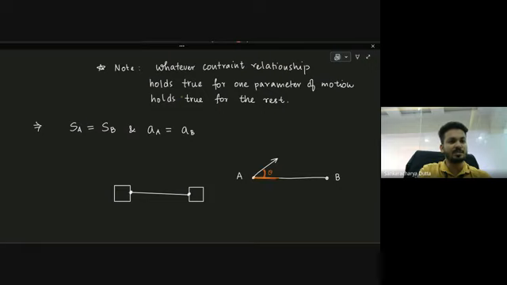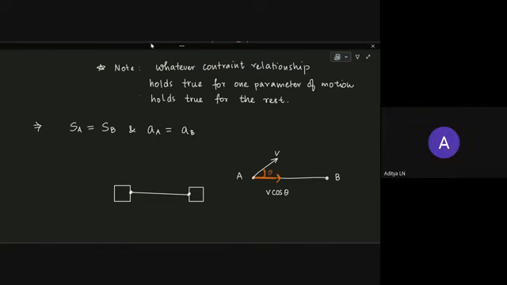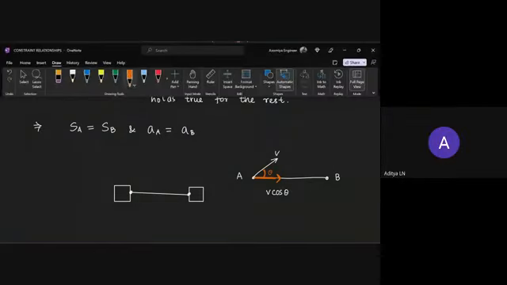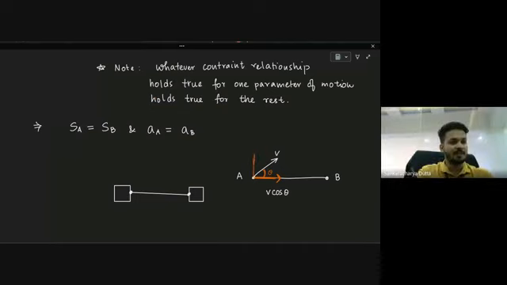One is along the string, which will be how much, guys? Let's call this V. This is how much? V cos theta, towards theta. Everybody forgot the previous class or what? Cos towards theta, and sin away from theta.